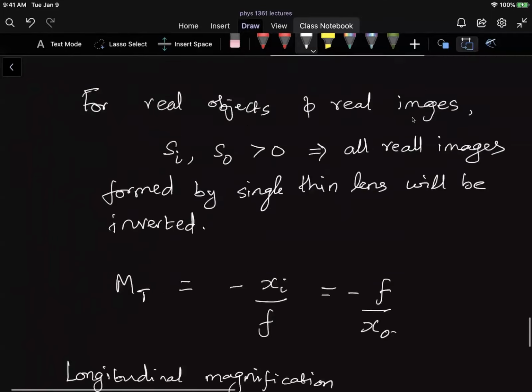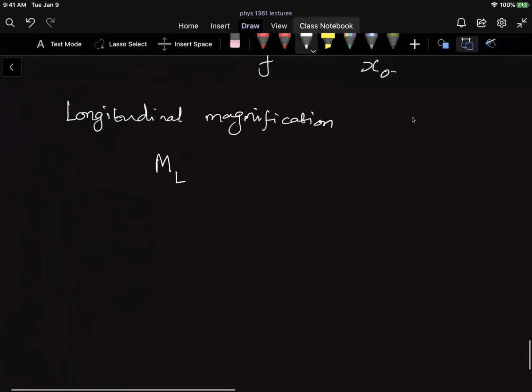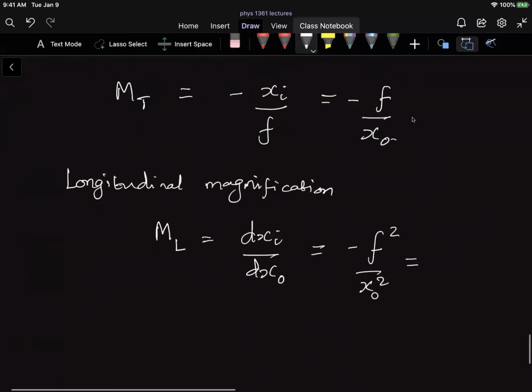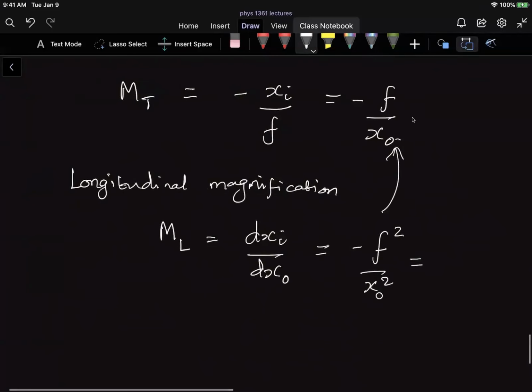So if we know dXi over dXo, which would be the same as dSi divided by dSo, from our formula for Xo Xi, we can immediately calculate this is minus F squared divided by Xo squared, which because of this above formula over here is the same as minus the transverse magnification squared.